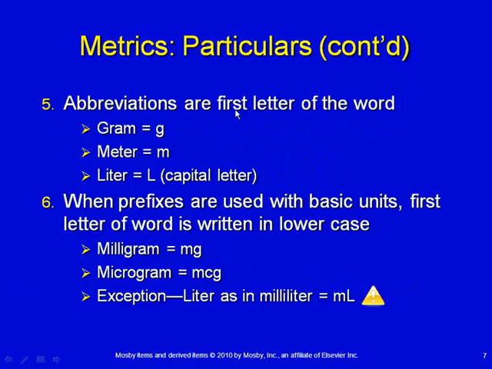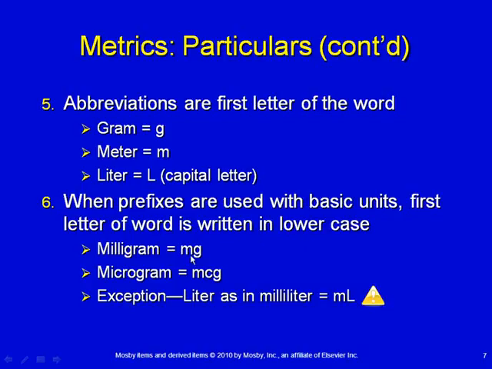Abbreviations are first letter of the word, G for gram, M for meter, and a capital L. There's been confusion. We don't want a lowercase l, which could represent the number 1. We want a capital L for liter. So therefore, if we write milliliter, we would put a lowercase m and a capital L. When prefixes are used with the basic units, first letter of the word is written in lowercase.